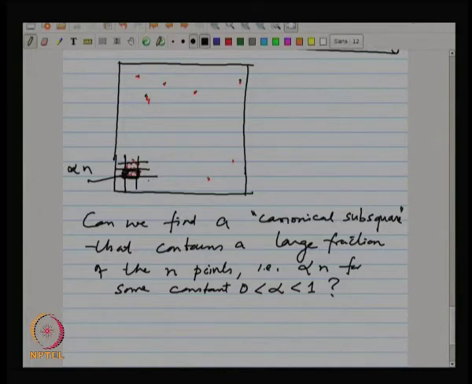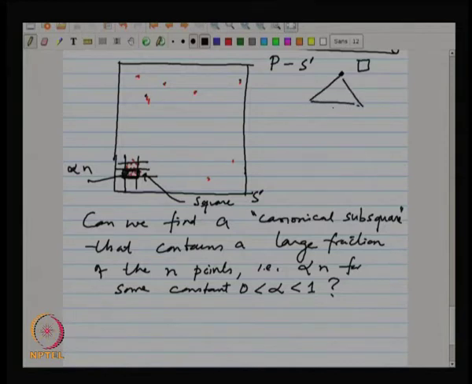Let us call this subsquare S prime. This is the unit square, and we devise a quadtree for the original set of points P minus S prime.